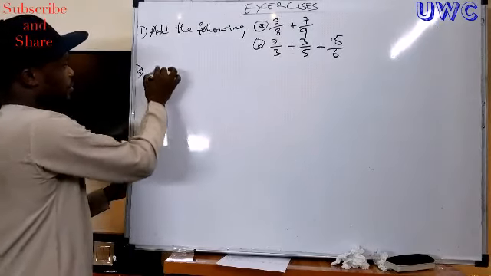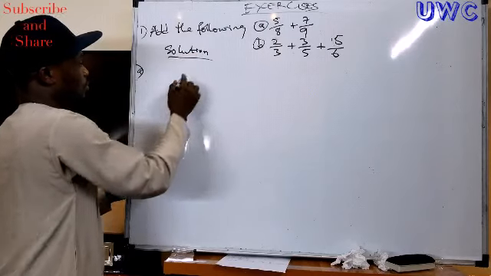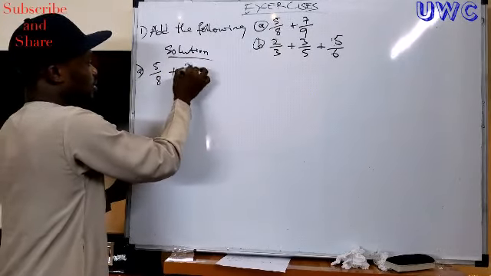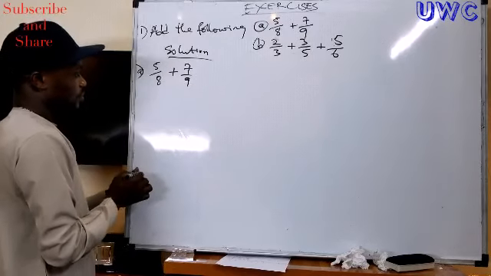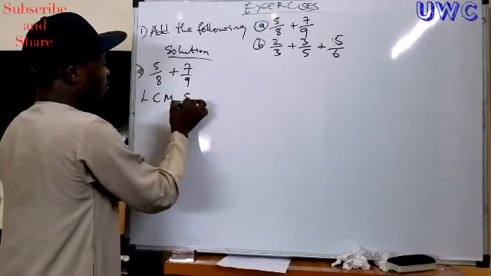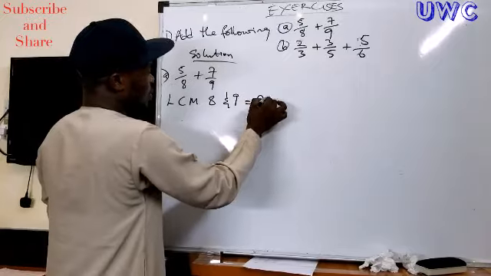A, solution: 5 over 8 plus 7 over 9. So we find the LCM of 8 and 9, which is 72.